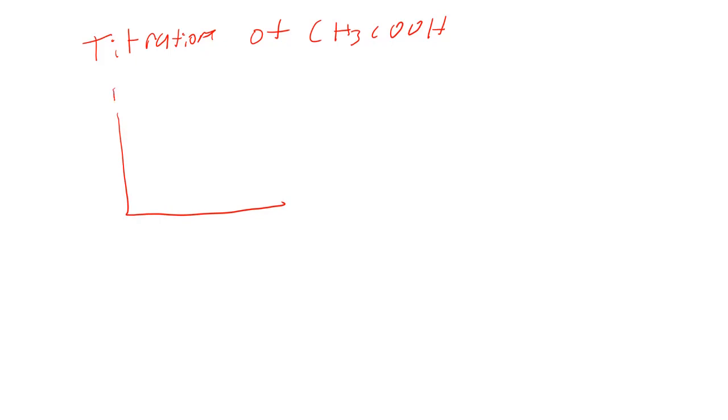So let's say that we have our titration curve. We're plotting the amount of sodium hydroxide that we've added versus the pH. And you would, of course, have your numbers on there, but we don't need that for this demonstration.